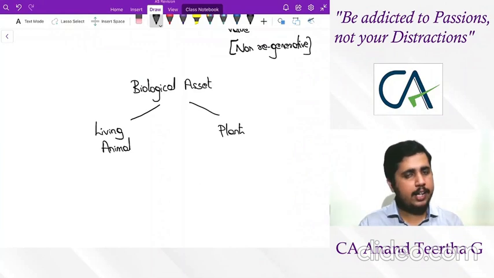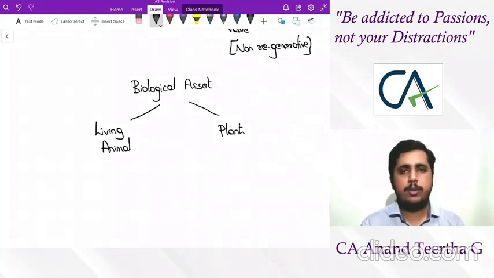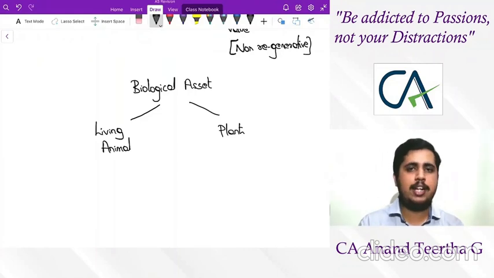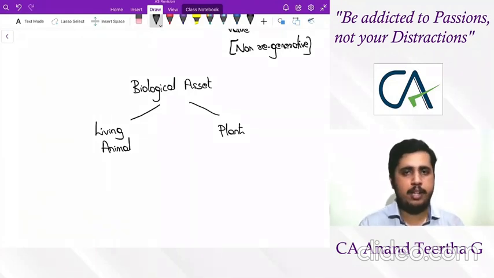Now, for the time being, there are no standards given on agriculture to tell about livestock and all. There is no accounting standard applicable right now. So normal generally accepted principles are followed for these elements. But one hint is given in the material as well, saying that until they introduce an accounting standard on agriculture, if these biological assets come under the definition of PPE, then we can cover them under AS10 on a temporary basis.